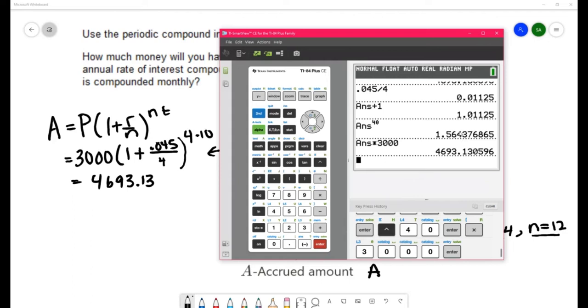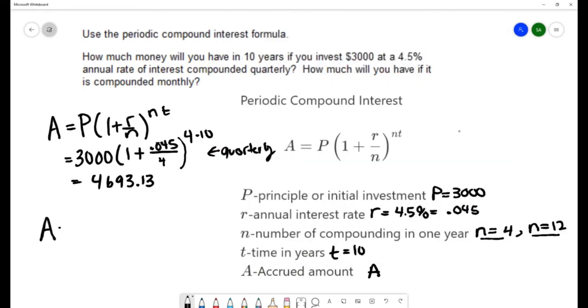So then I will do the second calculation, which is the monthly calculation. So our formula would look like this. A equals 3,000 times 1 plus 0.045 divided by 12. This is the value of N. Another N times 10.